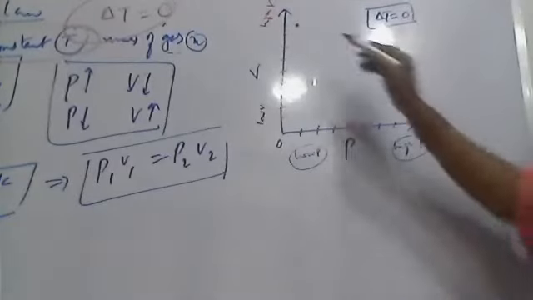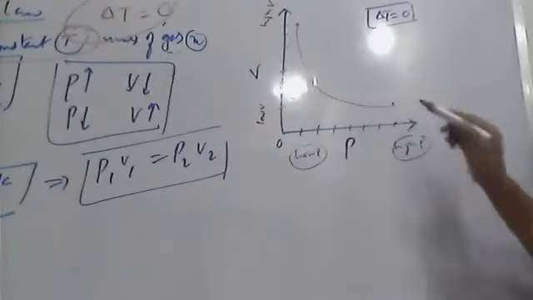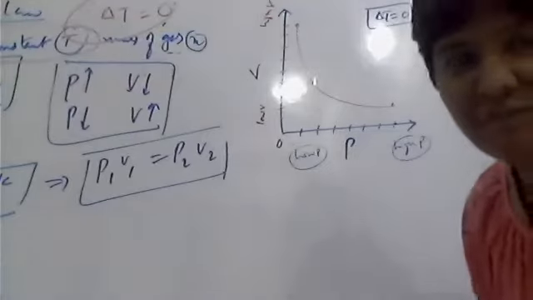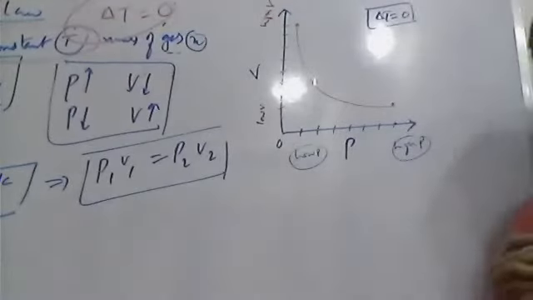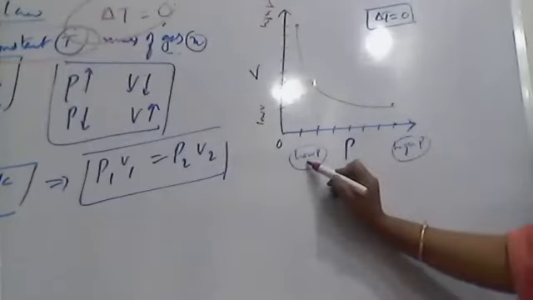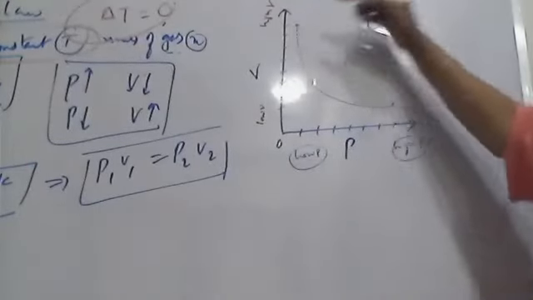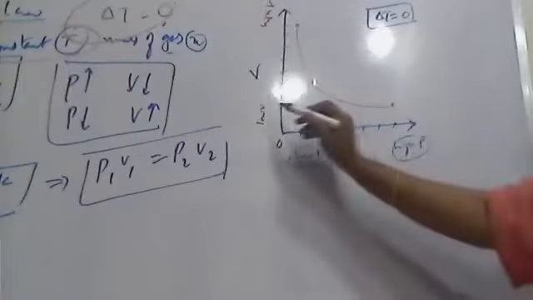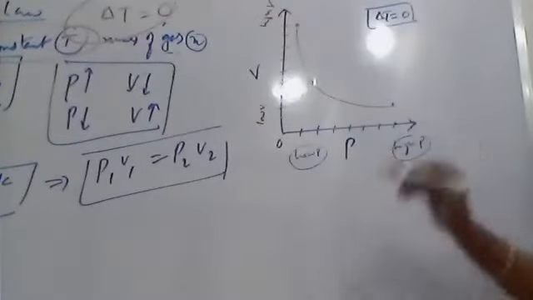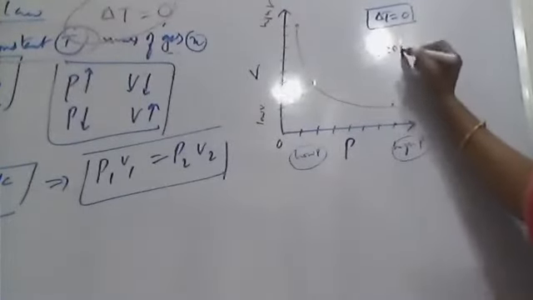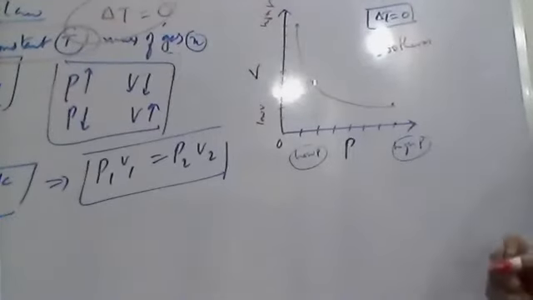Understand? Then connect them. You'll get a graph like this. What is the shape of this graph? Yes, rectangular hyperbola. The graph indicates pressure is low, volume is more; pressure is high, volume is less. And this graph is called an isotherm.